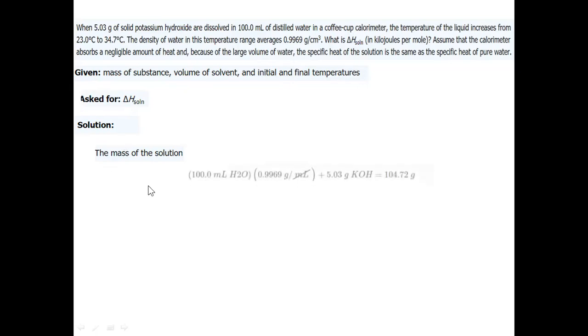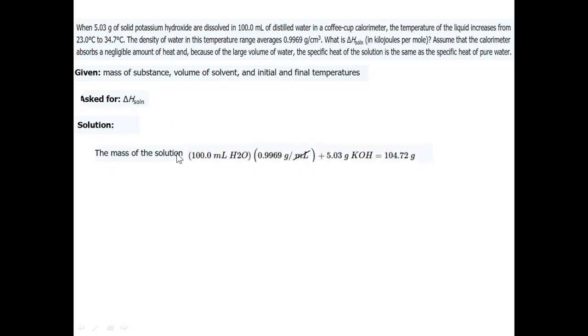The mass of solution is calculated wherein the 100 ml of distilled water, we multiply with the given density at the average temperature, 0.9969 gram per cubic centimeter or gram per ml.